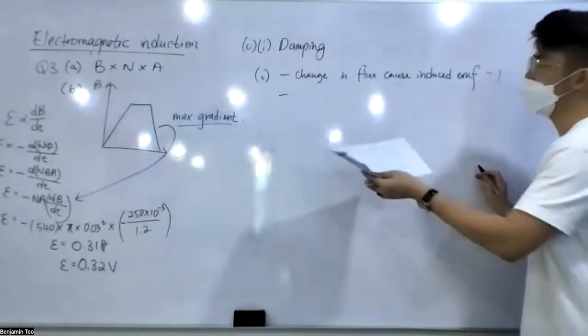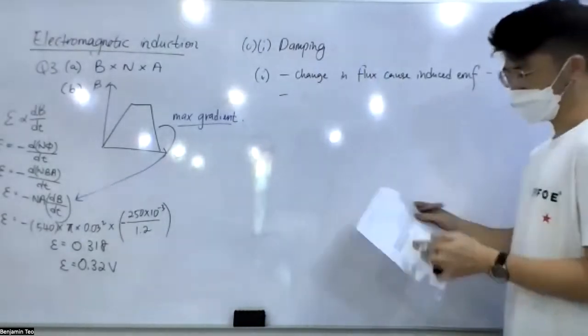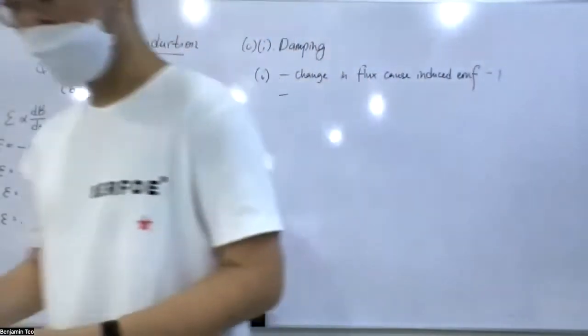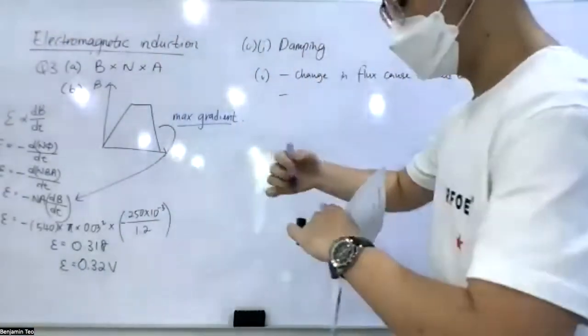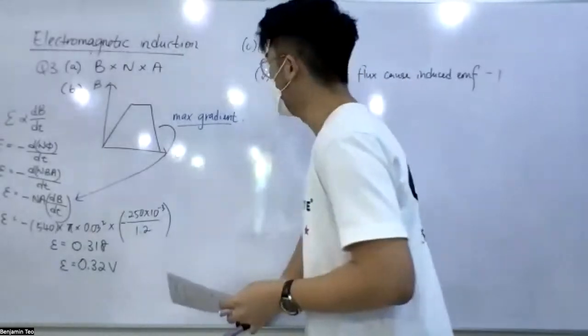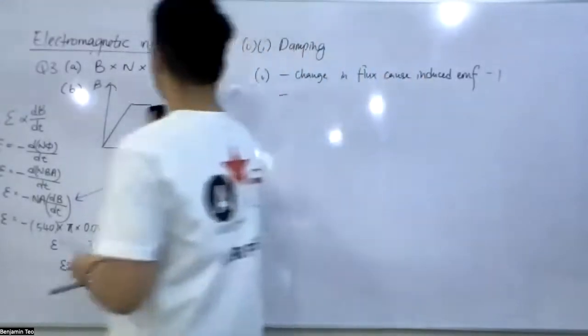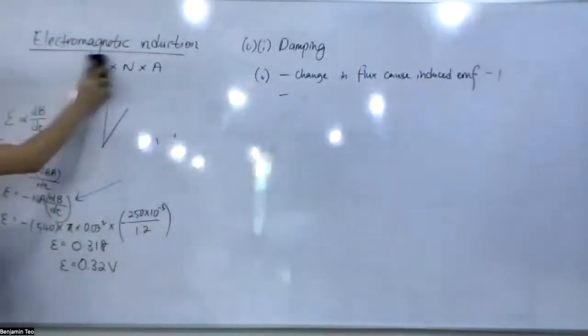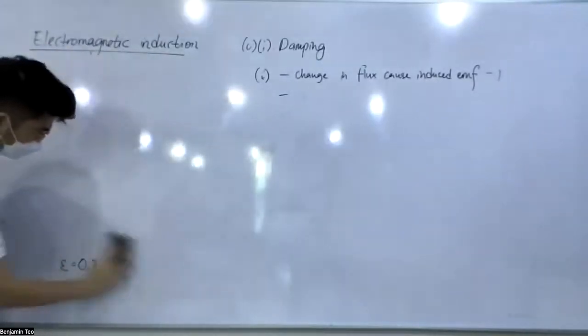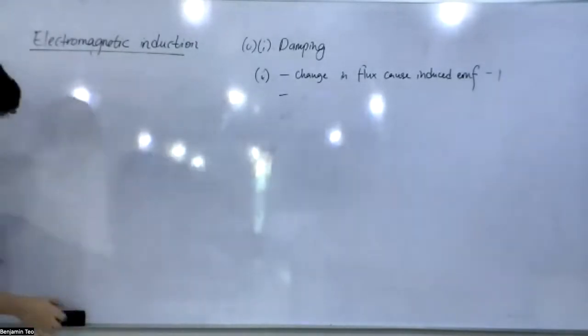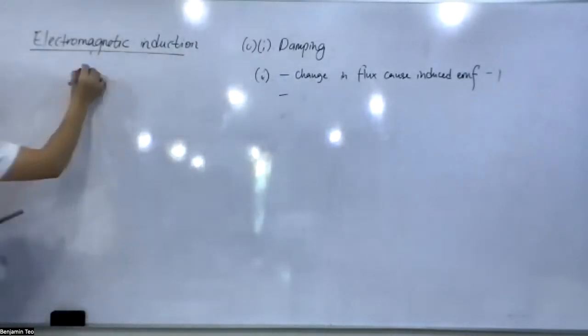Induced EMF causes current. But is this a coil of wire? It's not a wire, right? It's a metal plate. So is there current induced? There is still current induced. Why? Whenever you have a conductor in the field, let's say like this, this is the magnetic field.